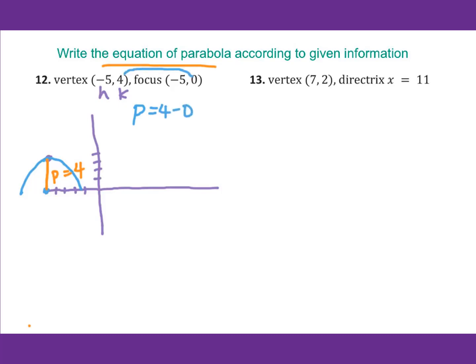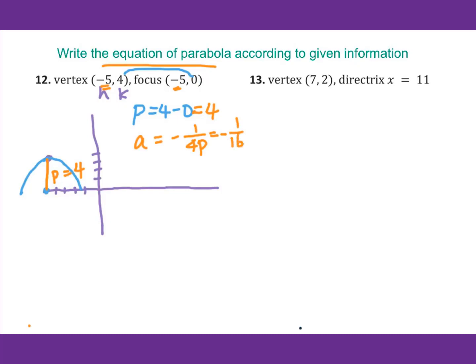Because the x coordinate is the same, I can subtract the y coordinates, then take the absolute value, and we got 4. Therefore, we got a equals. Look at the graph, it opens down. Therefore, it's -1 over 4P, which equals -1 over 16.